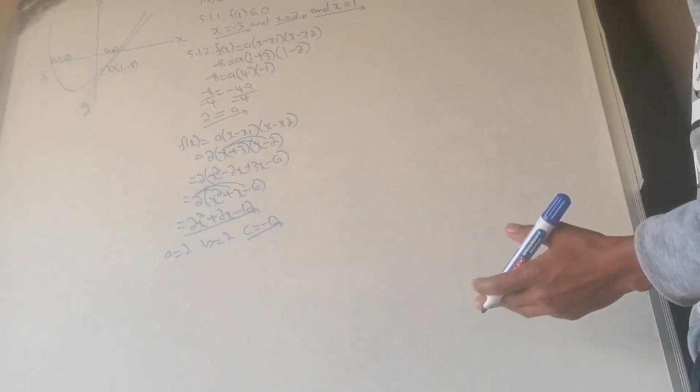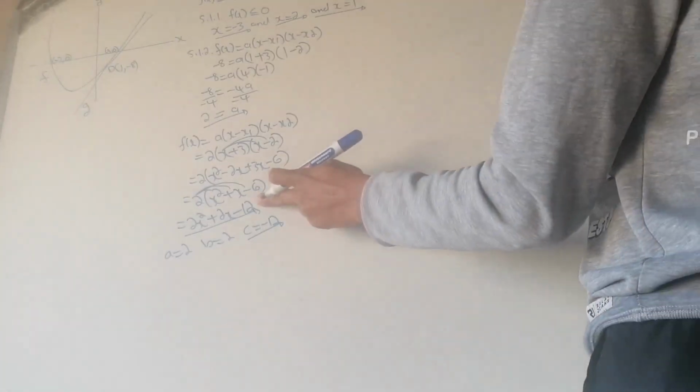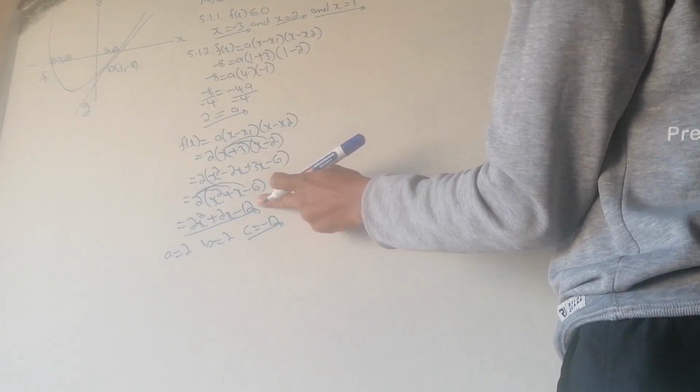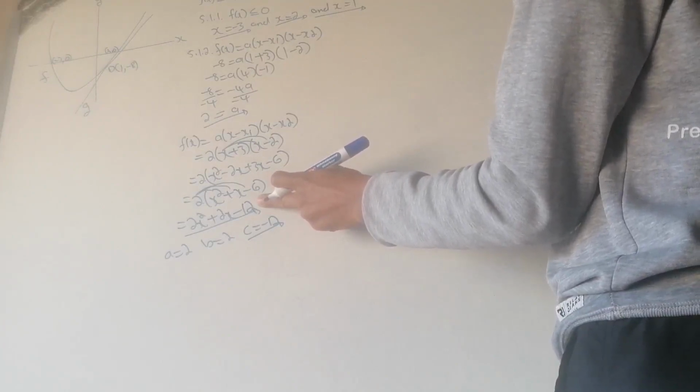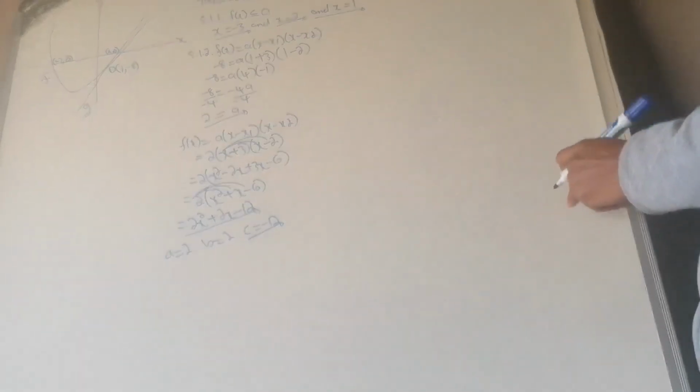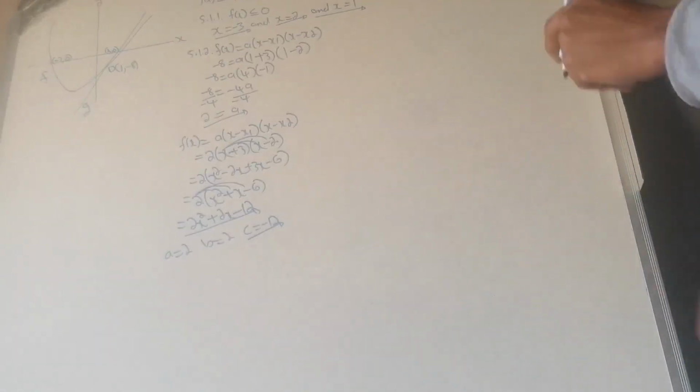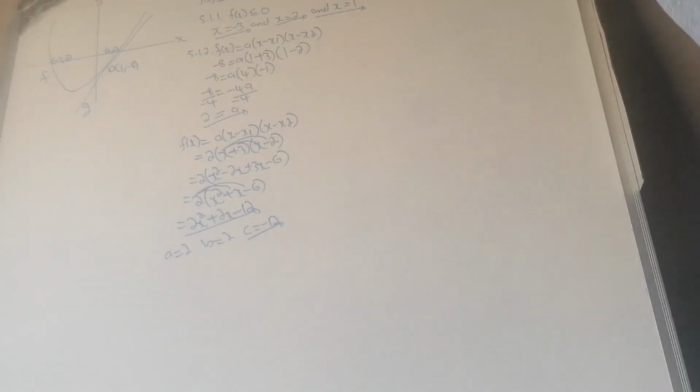Is this making any sense? Is our y-intercept -12? That's my question. 2x squared plus 2x minus 12.